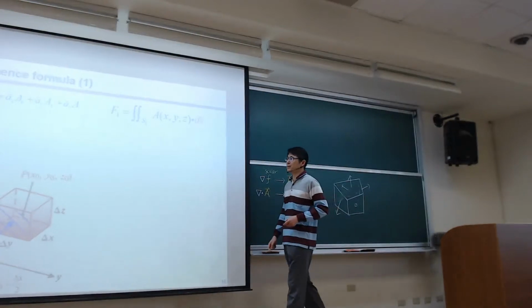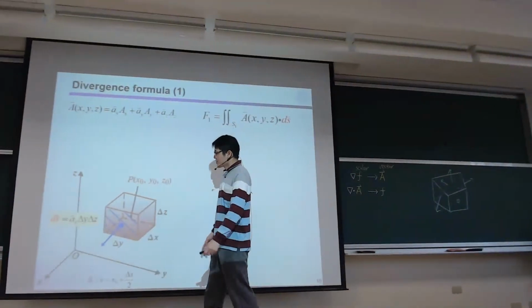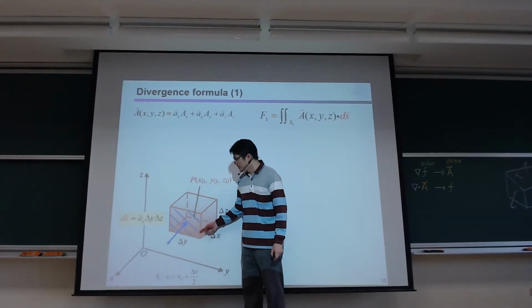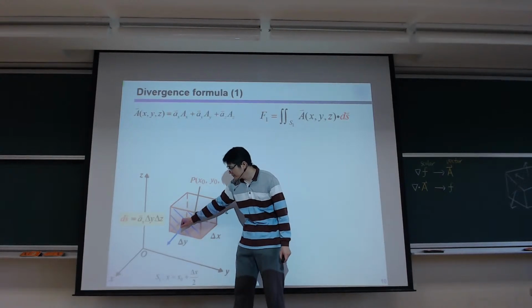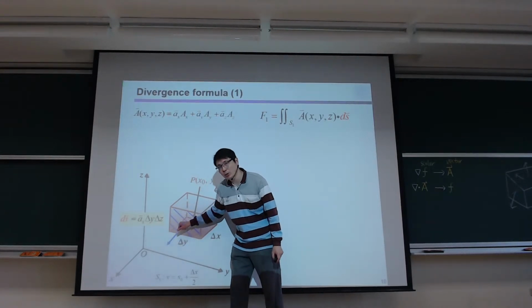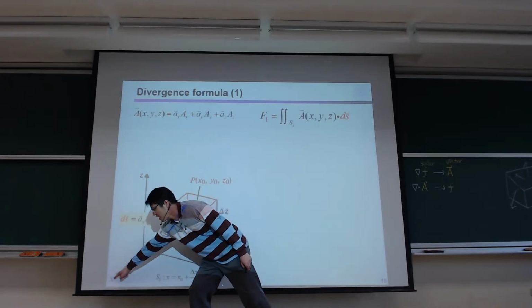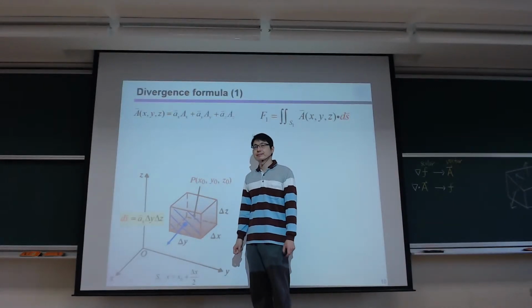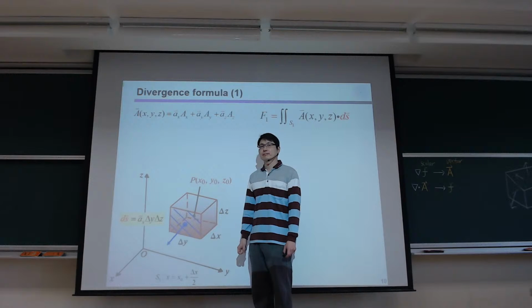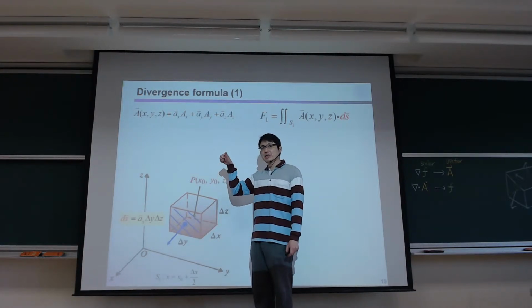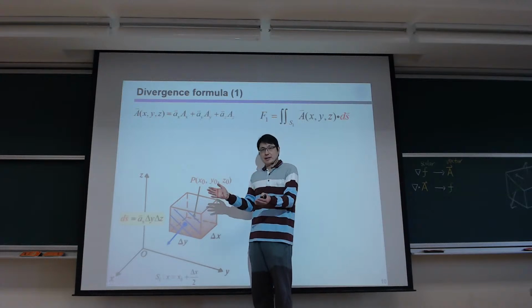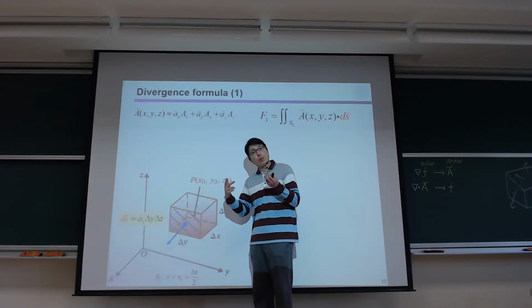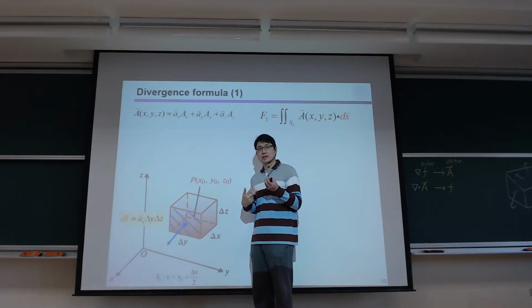So let's come back to the PowerPoint. How to properly formulate this differential surface? The direction for this surface is pointing outwards, so it must be in the positive x direction. Once you know its direction is in the positive x direction, its area must be determined by the other two coordinates, in the y and z directions.